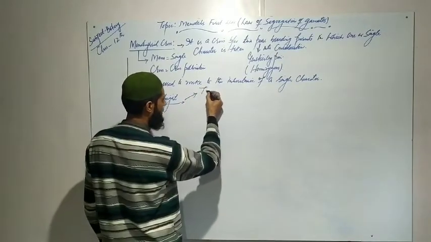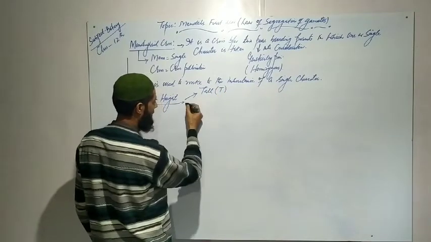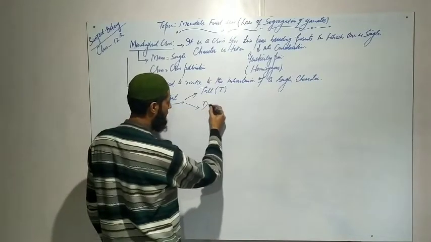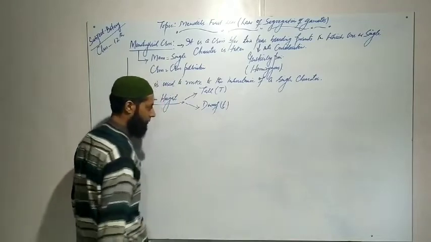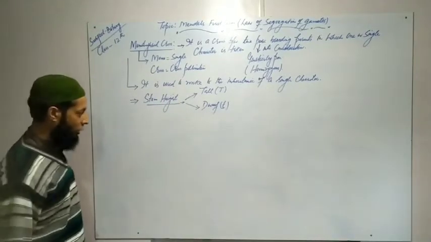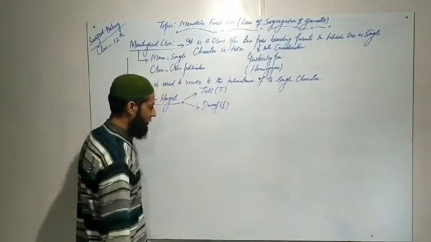First, tall, represented by capital T, and second, dwarf, represented by small t.